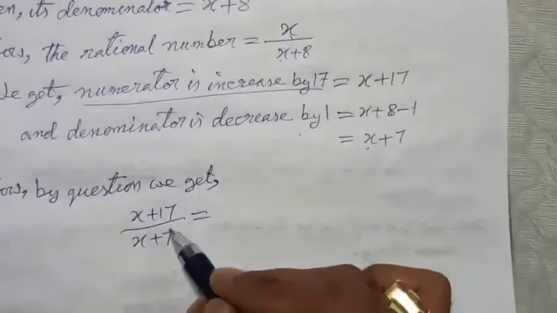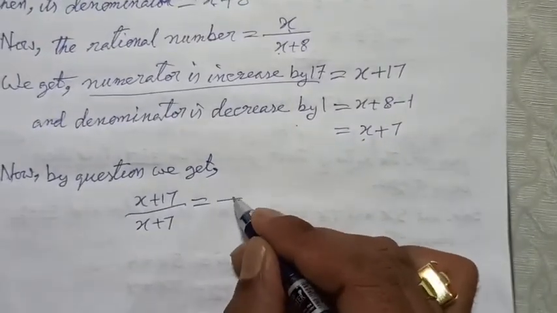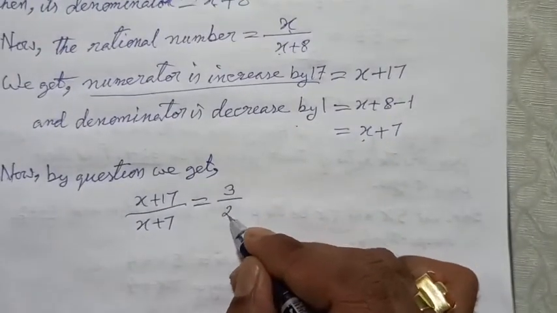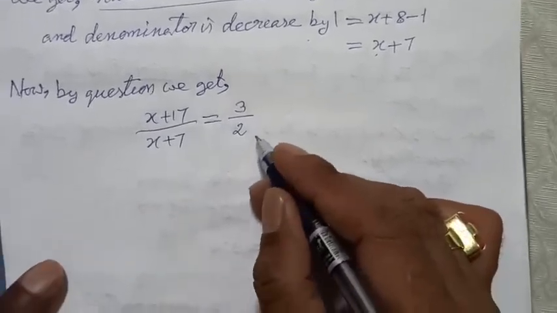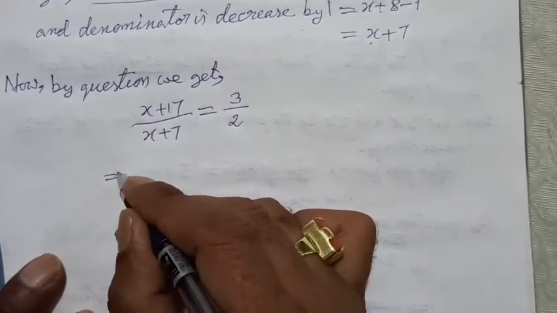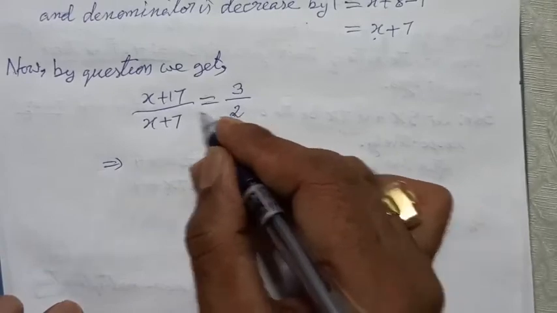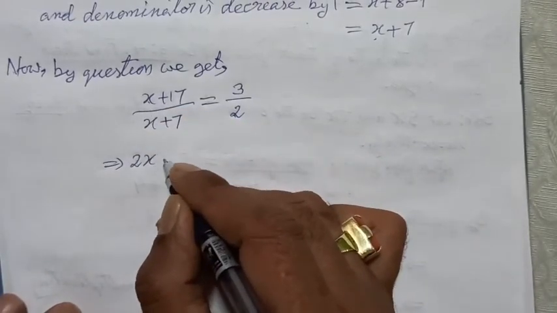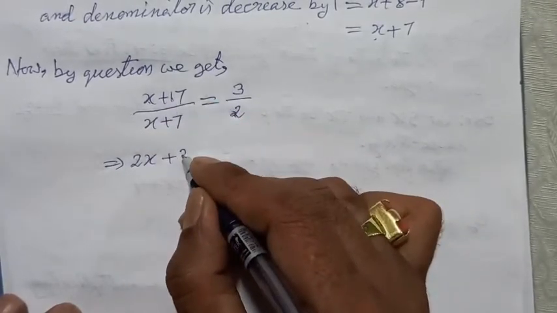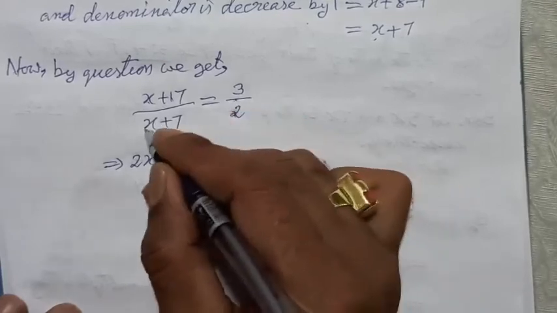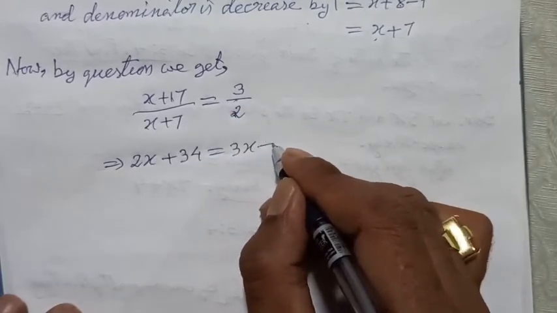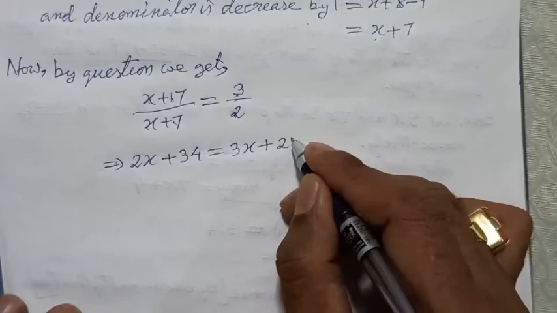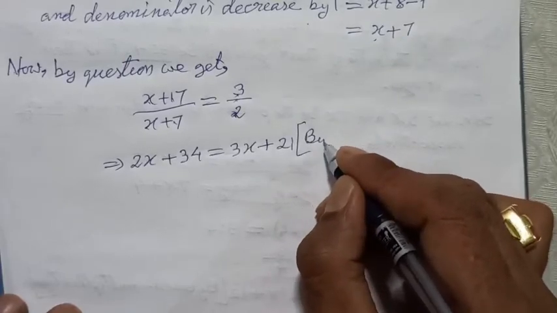So this fraction is now 3 by 2. From this let's solve x. Let us use cross multiplication. 2 into x is 2x. 2 into 17 is 34. 3 into x is 3x. 3 into 7 is 21. By cross multiplication.